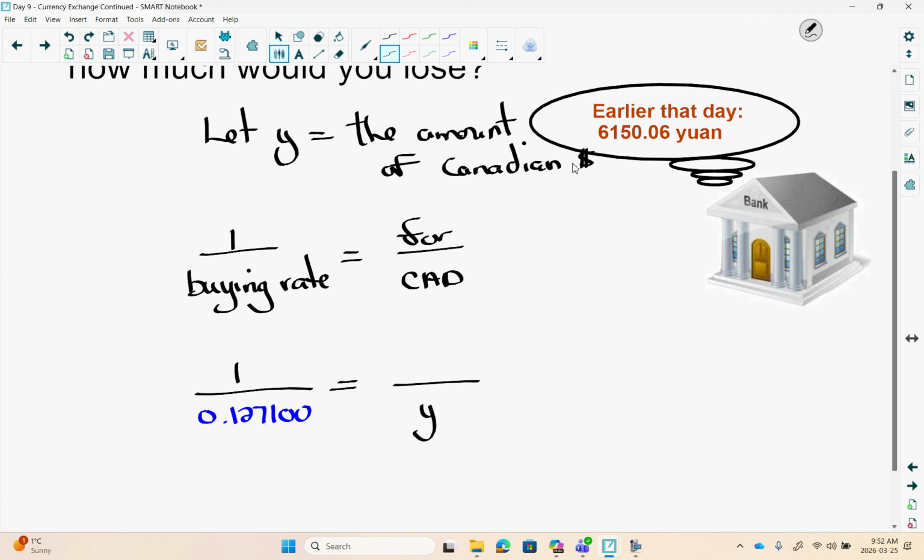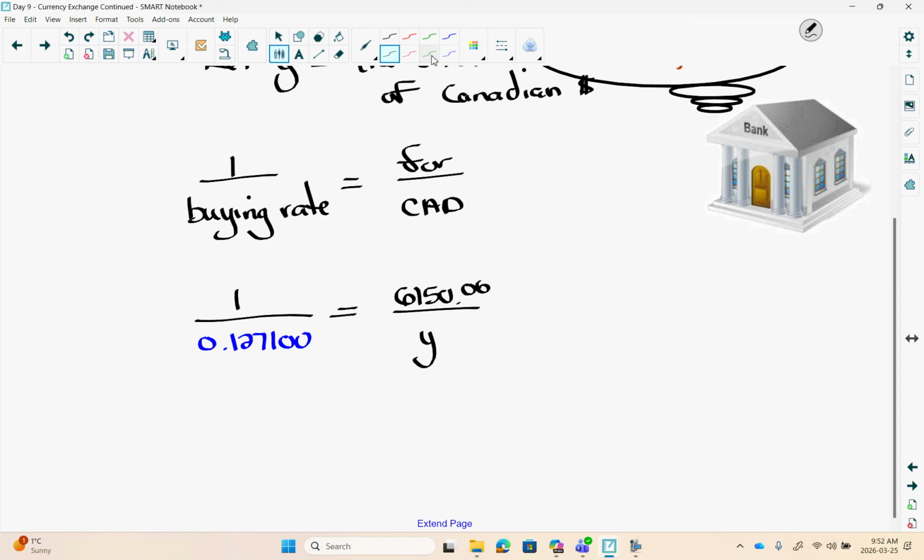How much of the Chinese currency do I have right now in my wallet? 6,150.06. I'm trying to sell that back to the bank. So the bank's buying it from me. And I want to know how many Canadian dollars I would receive.